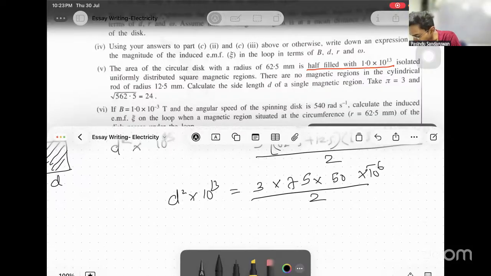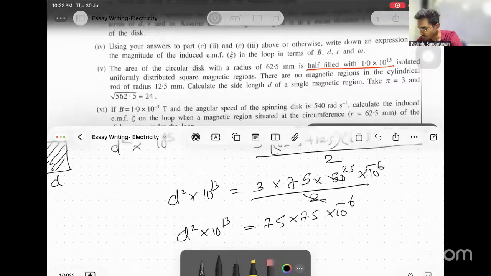Keep simplifying until we get the answer, and the given hint should be coming somewhere. Then this is 2 times 25, and now 75 times 75 is coming. Finally, d squared times 10 to the power 13 equals 75 times 75 times 10 to the power minus 6.